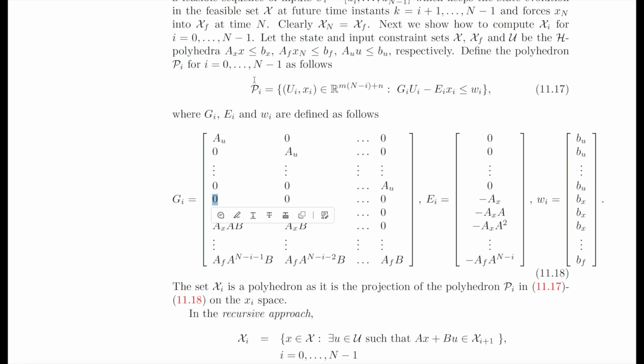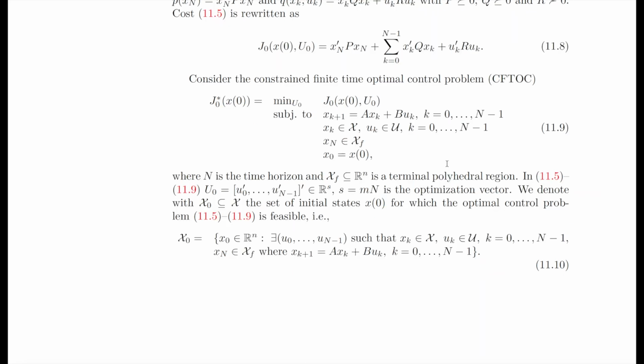So A_x x is less than or equal to b_x. Here we have a negative because here we have a minus. We will continue by replacing x1 as we saw before, and x2 and so on. And here at the end, we multiply by A_f because we also have constraints on the final state, so we have this final expression.